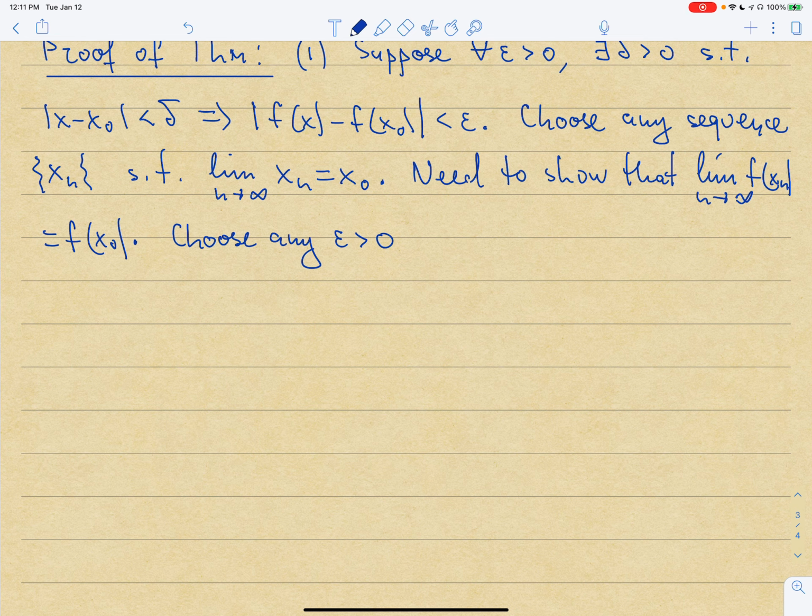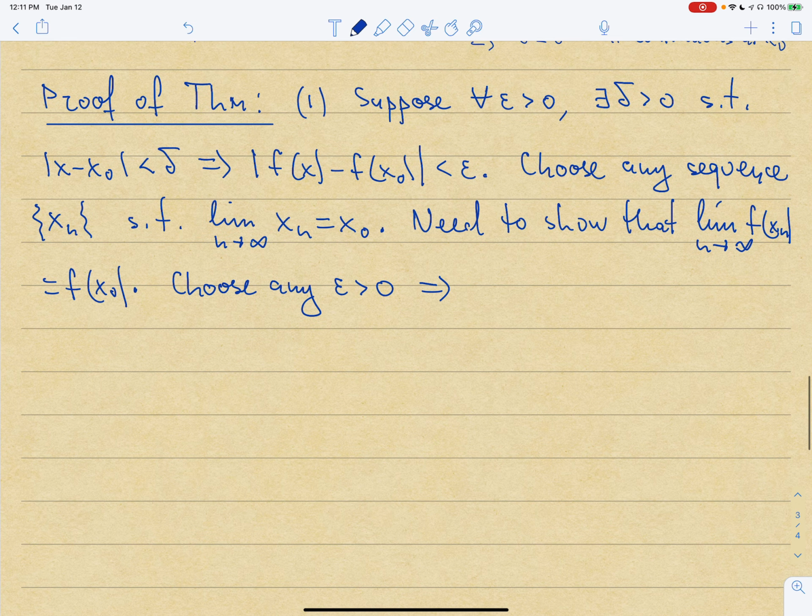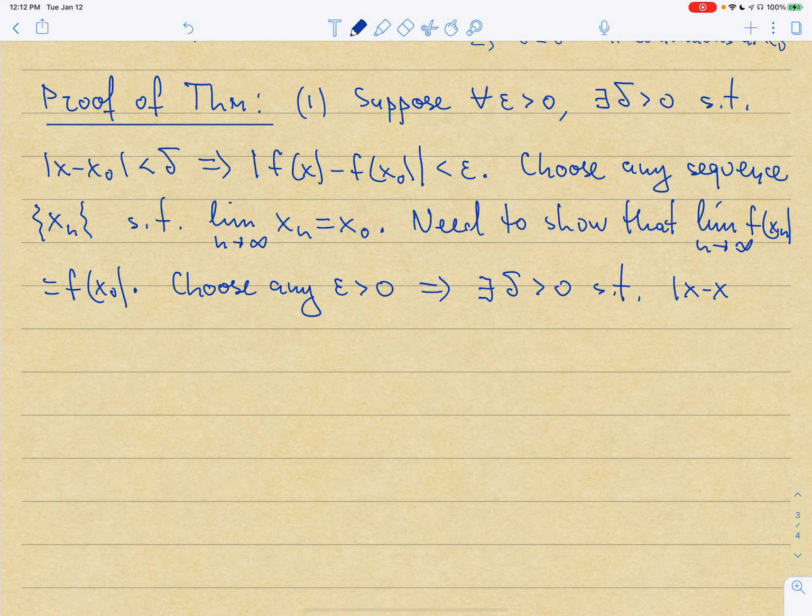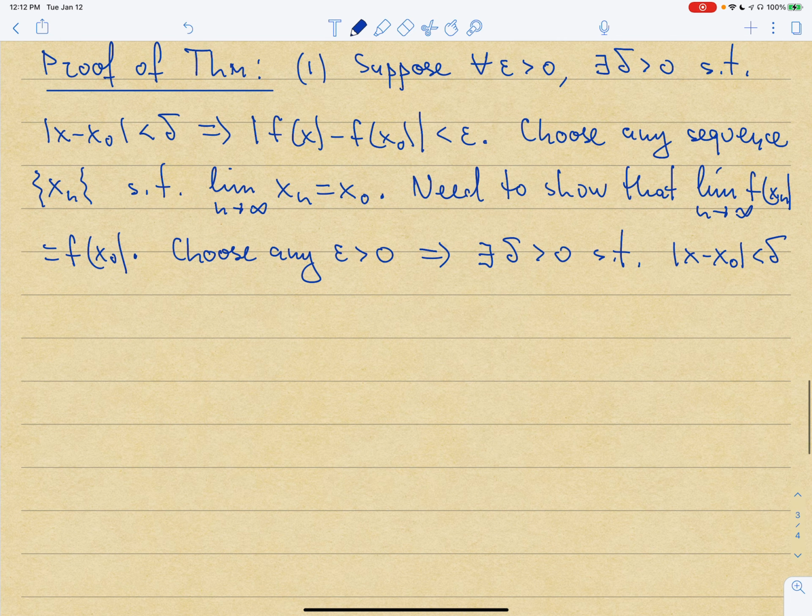All right, so if I choose any epsilon greater than 0, then by our assumptions, there exists a delta greater than 0, such that |x minus x0| being less than delta will imply that |f of x minus f of x0| is less than epsilon, right?